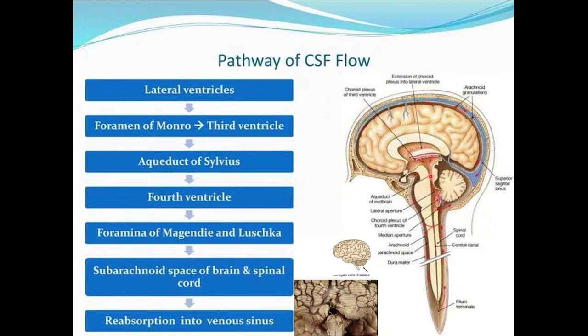The diameter of the aqueduct of Sylvius decreases, so there is ballooning of the lateral ventricles and the third ventricle, and the fourth ventricle appears normal in these cases. In communicating hydrocephalus, the CSF path is normal, but there is pathology at the level of the arachnoid granulations, so there is impaired absorption of CSF at the level of the venous sinuses.